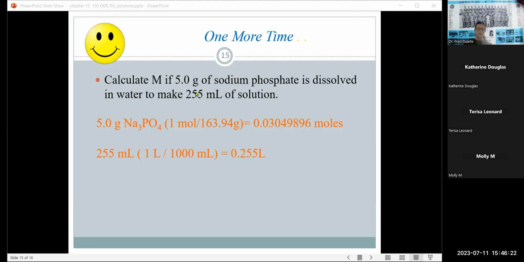Note that my starting sig figs are 5.0, which is 2, and 255, which is 3. So my answer should have 2 sig figs. So if I take 5 grams of sodium phosphate and dissolve it in 255 milliliters of solution, the molarity of that solution will be 0.12 moles per liter.